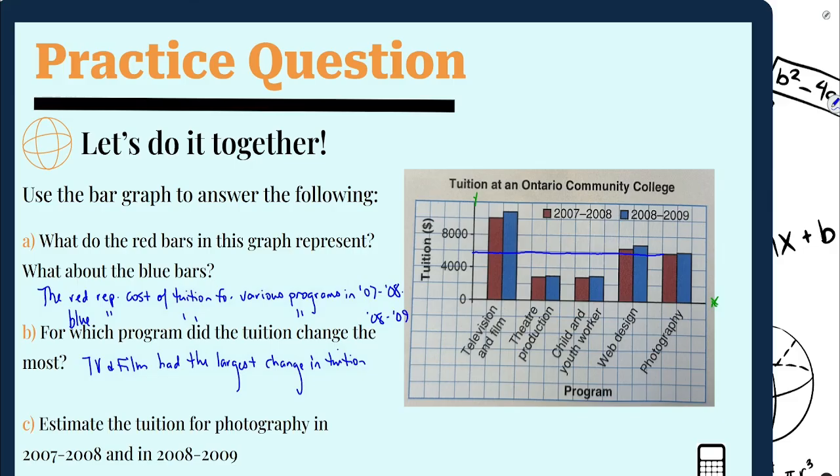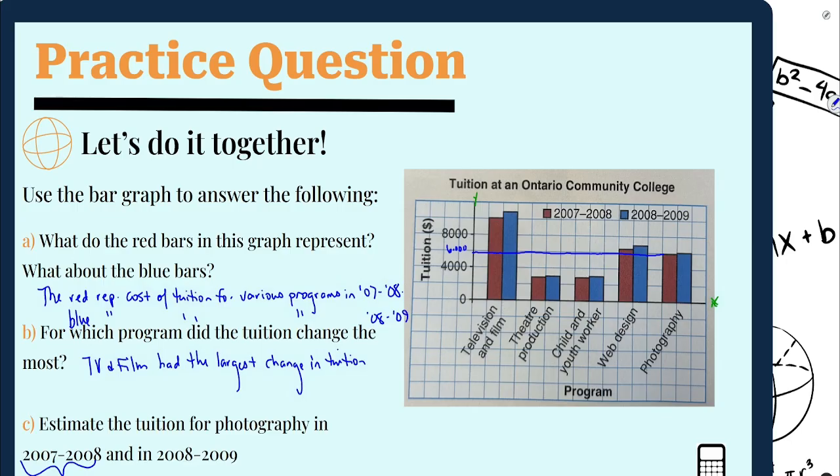And you can see it's just below our solid line, which would be the $6,000 mark. So we can estimate that the tuition for 2007-2008 is approximately $5,900.